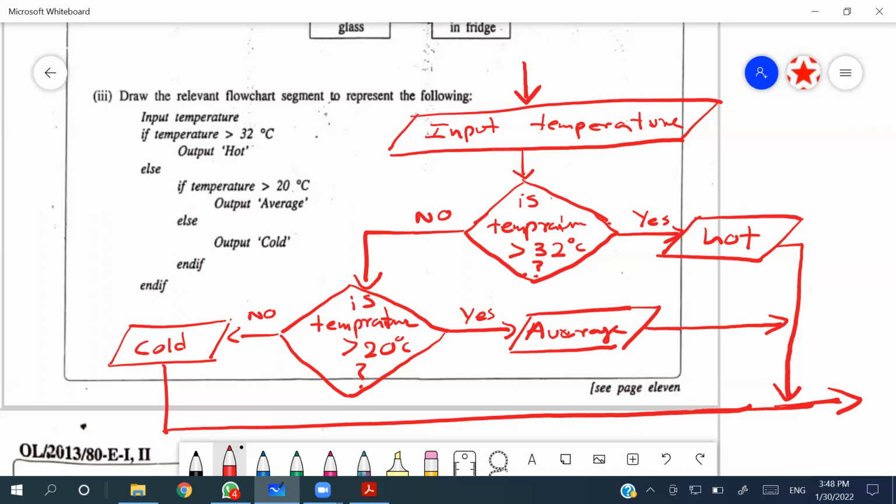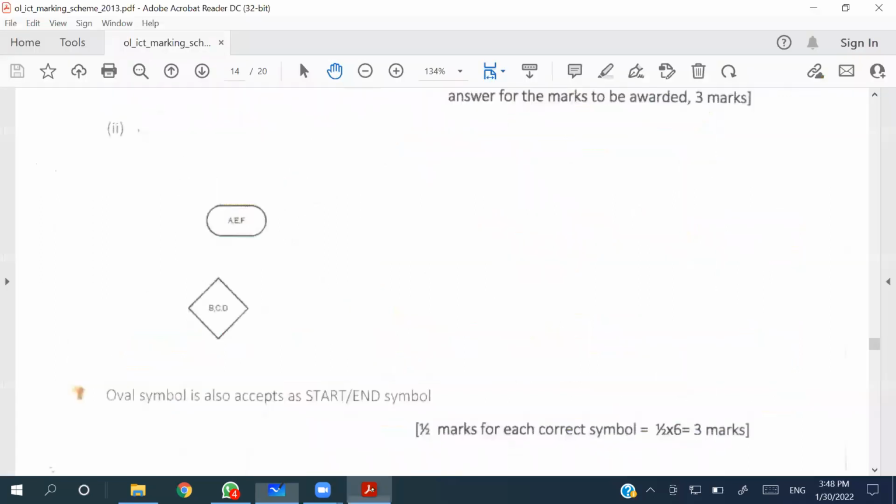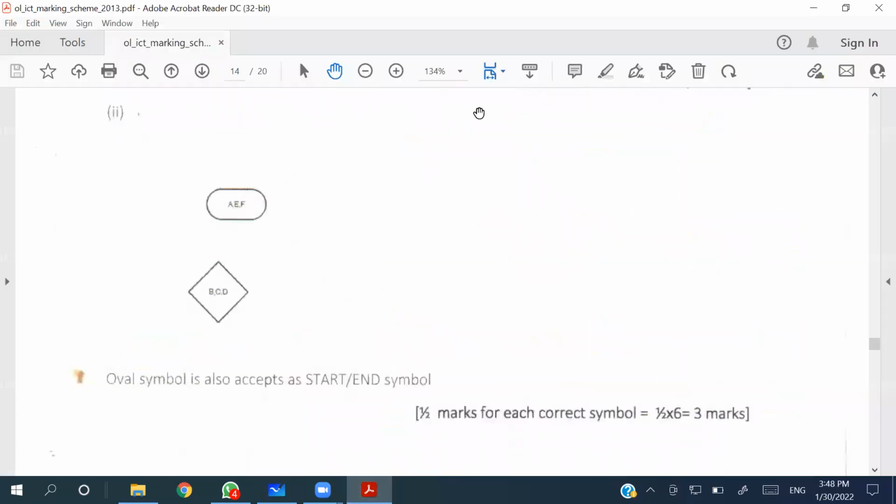Okay, people, is that clear? Everyone? Okay. Let's cross-check with the marking scheme.